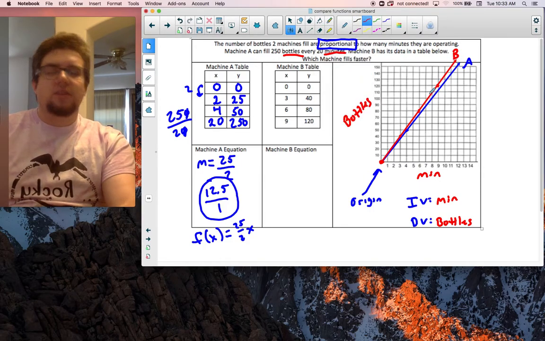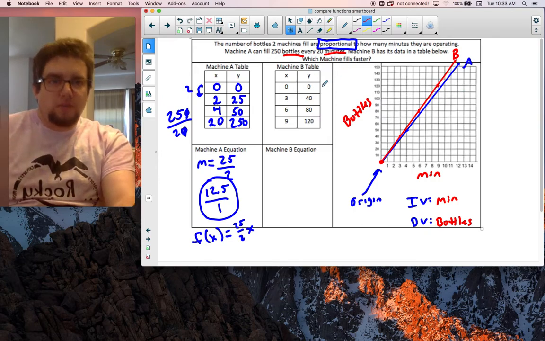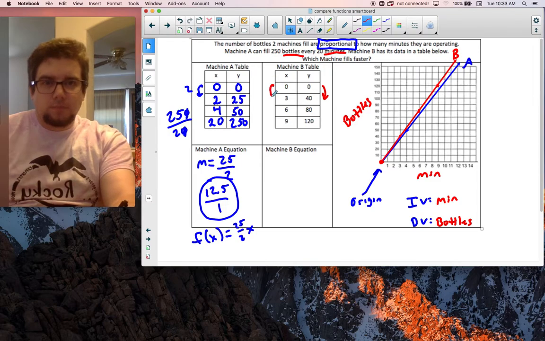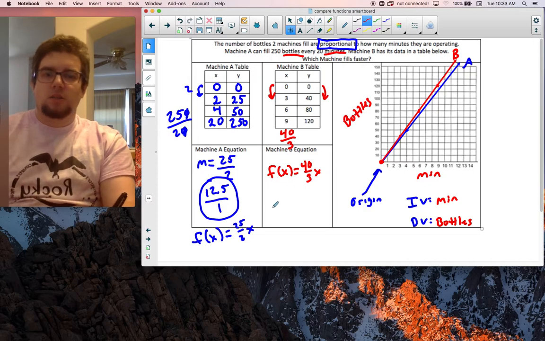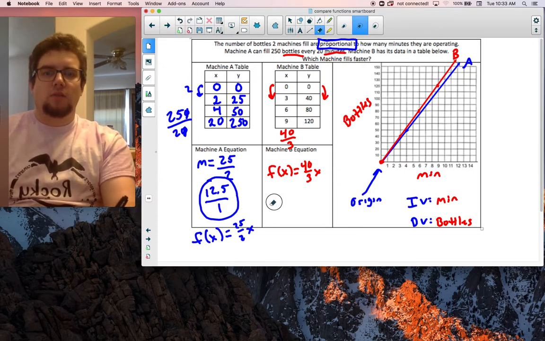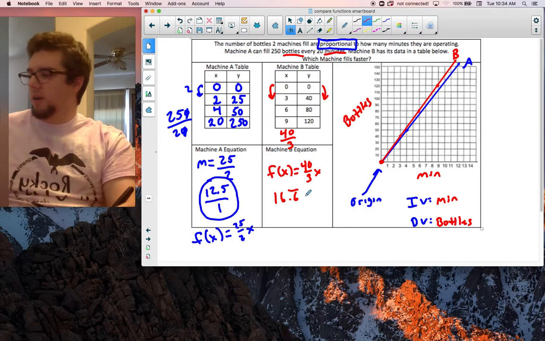So graphs are very good for comparing functions because everything's visual. We could find our rate of change. It's 40 over 3. So our equation is 40 over 3x. So if we were to boil this down to its unit rate, 40 over 3 is 16.6 repeating, if I remember correctly.